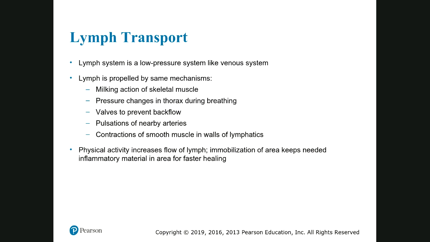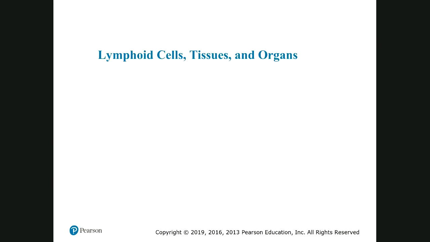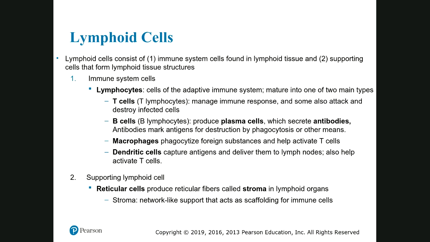All right. So we are going to move to the next. We are going to talk about the lymphoid cells, tissue, and organs. Let's start with the cells. The lymphoid cells consist of immune system cells found in the lymphoid tissue and supporting cells that form lymphoid tissue structures.